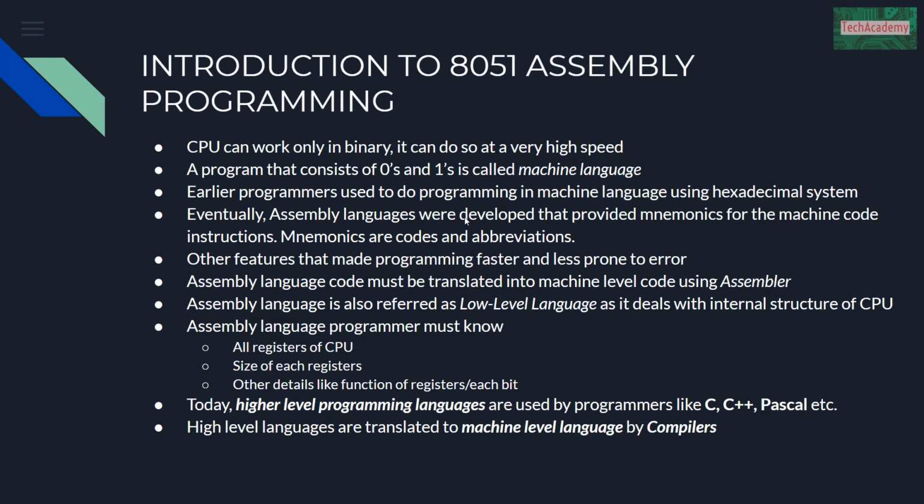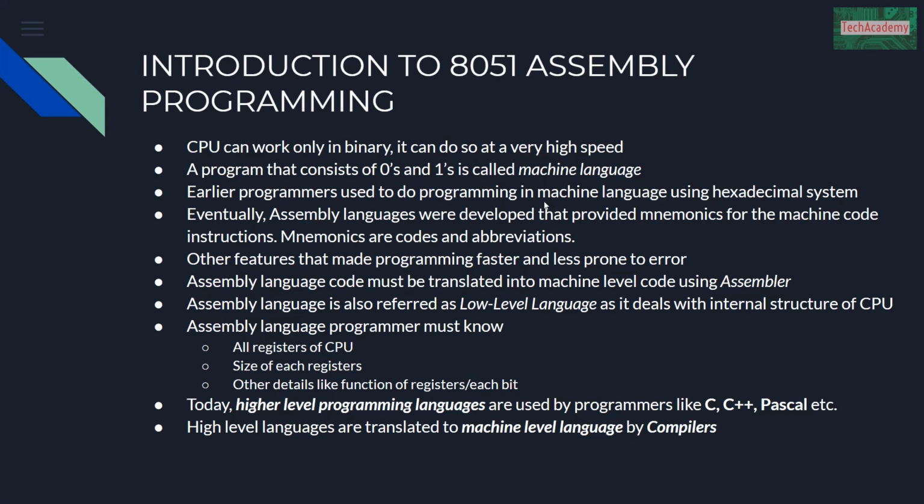But for this MOV instruction there is an opcode, which is a hexadecimal number. And again, for moving data from R0 into the accumulator there is another hexadecimal opcode. For example, let's say 7410. These two opcodes, that is 7410, are nothing but machine language to copy data from R0 to the accumulator.